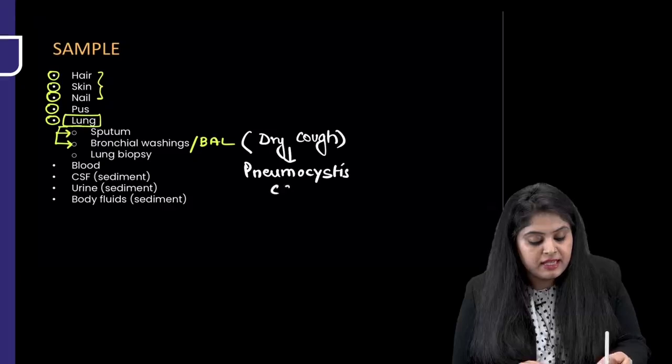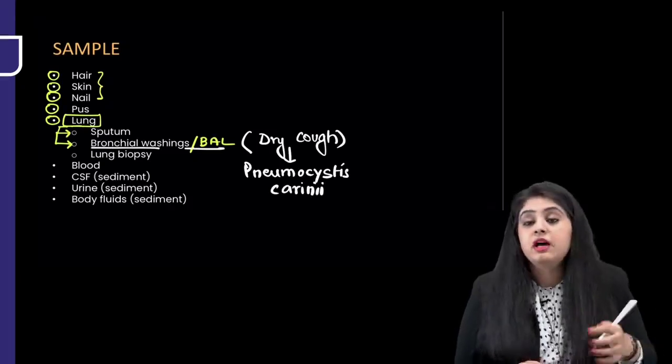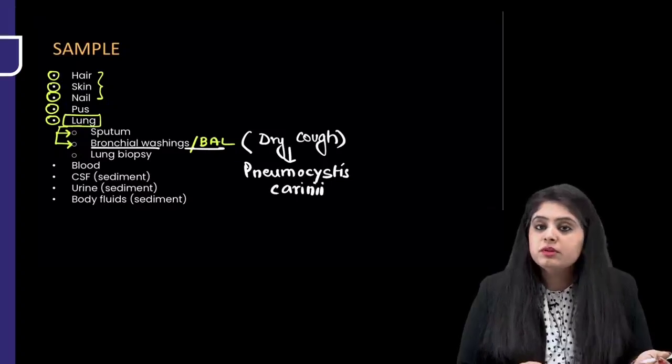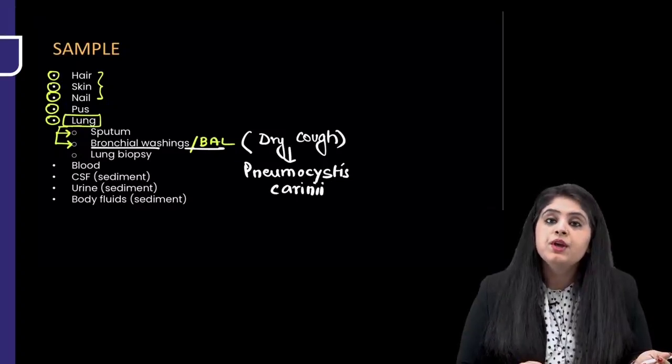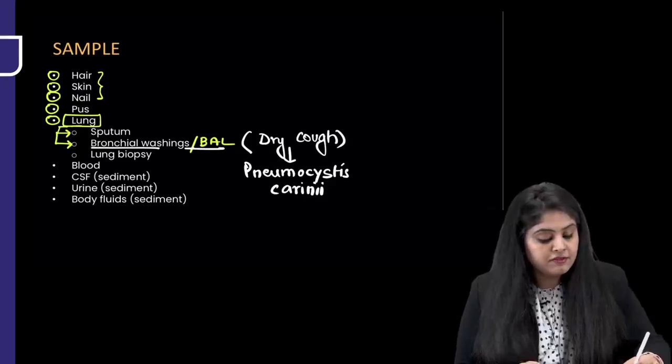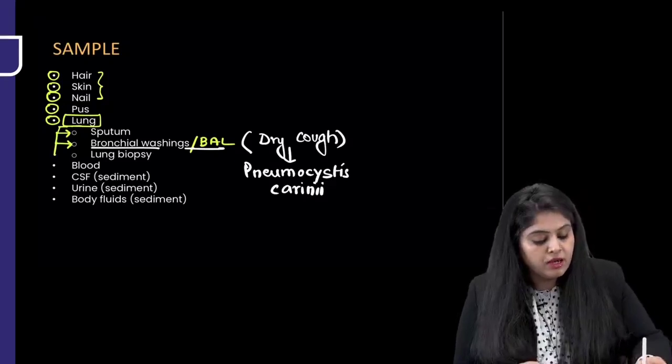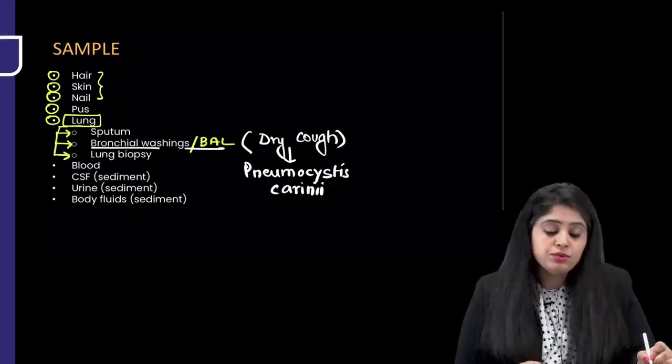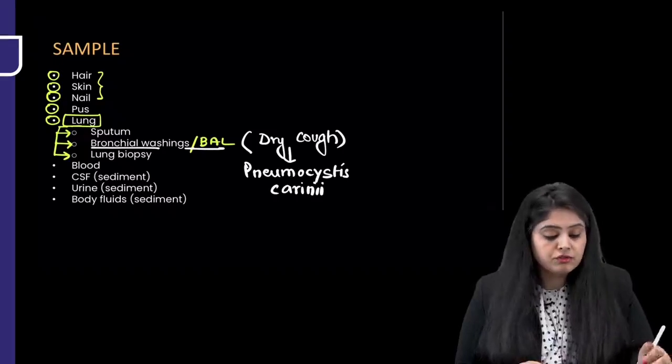How will you make the diagnosis? If there's no sputum production, you're going to go ahead with a bronchial washing or a bronchoalveolar lavage. Okay, lastly, if nothing works, then you need to go in for a lung biopsy, which is a little rare thing to do, can be done in cases of certain fungal infections, which I'll talk about in a while.